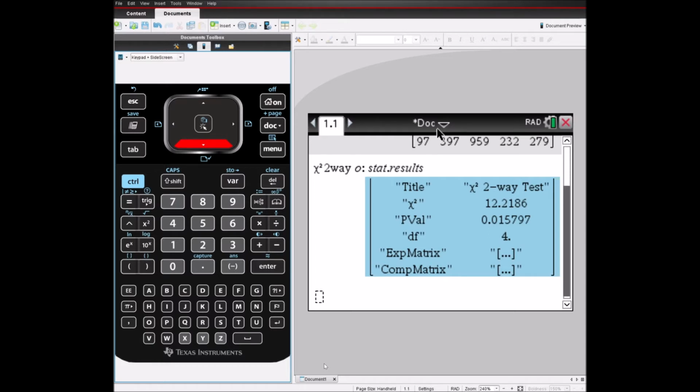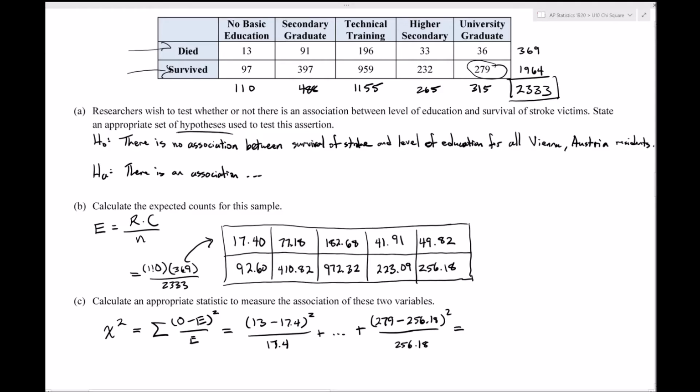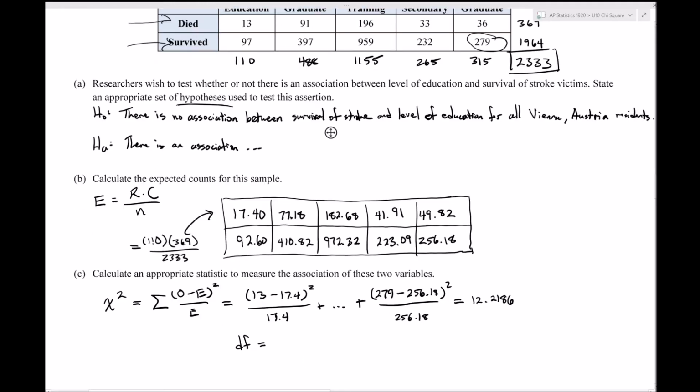So in this case, we have chi-square is equal to 12.2186, and we'll copy that down onto our handout. So the chi-square value that the calculator gave us was 12.2186. Degrees of freedom was 4, and we'll show where we got that from. Now degrees of freedom, same formula as the one for homogeneity.